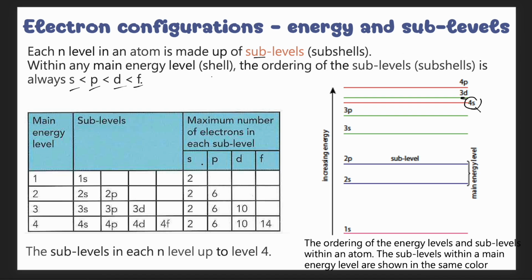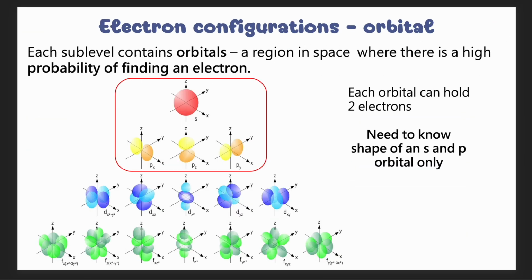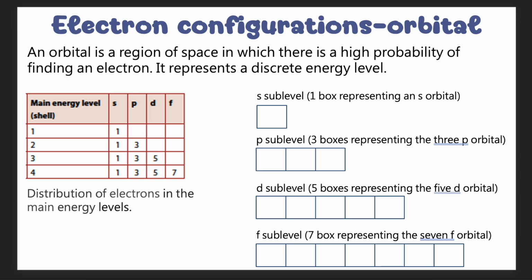Okay, so every main energy level has sublevels. The first main energy level has the s sublevel, which is 1s. The s can hold 2 electrons, p 6 electrons, d 10 electrons, f 14 electrons.